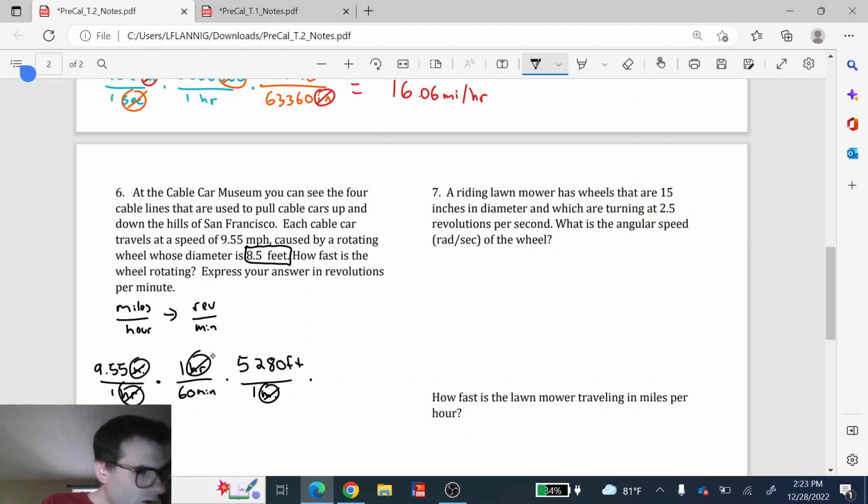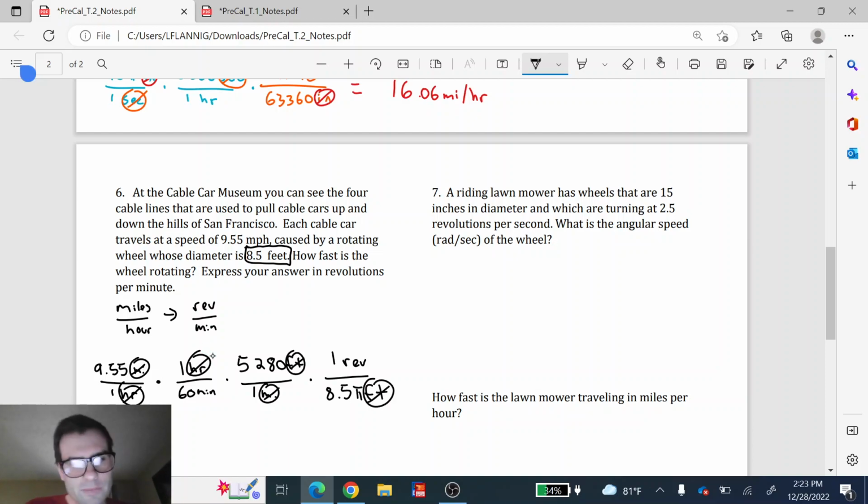And we know that 2 pi r is equal to 1 revolution, or 1 revolution is equal to 8.5 pi feet. That's going to cancel our feet here and our feet here. Remember, this is found by doing 2 pi r.